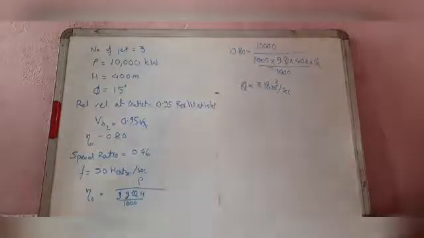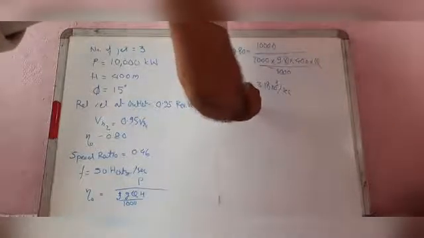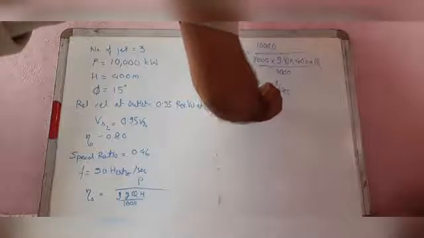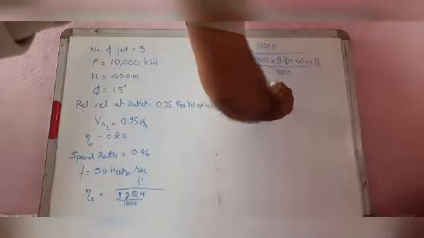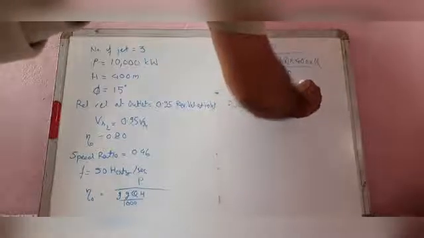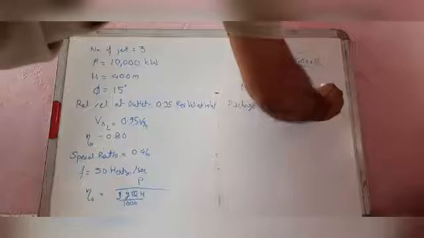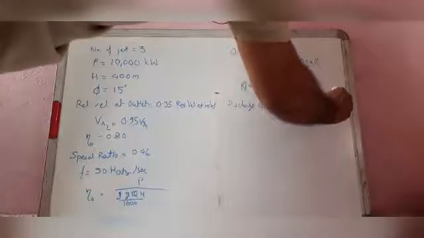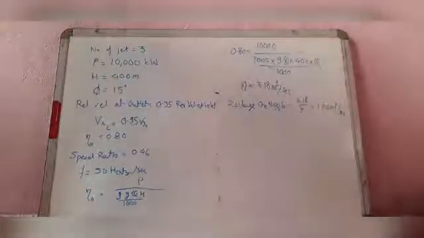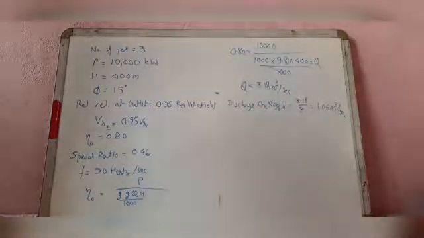For discharge through one nozzle equal to 3.18 by 3 equal to 1.06 meter cube per second is the discharge through one nozzle.